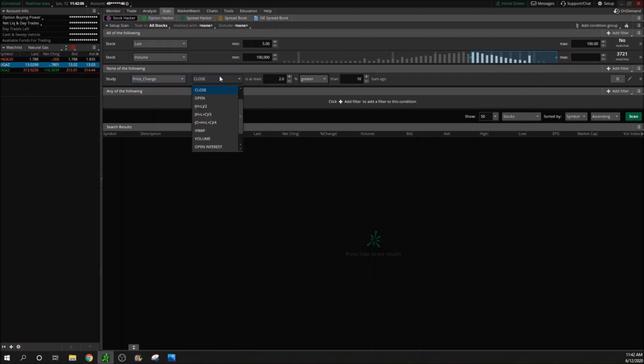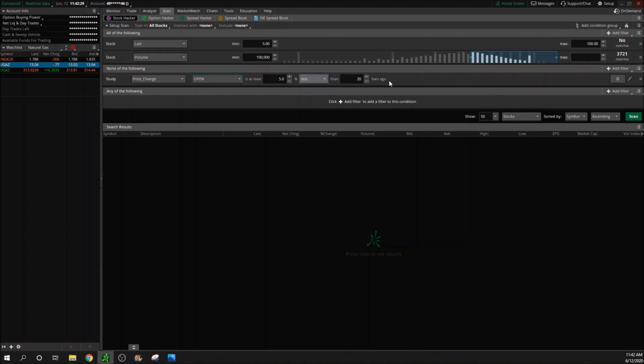The first thing we want to do is from open. This is telling us that these are changes that have happened since the market opened, and we want to bring this up to 5%. Less than 20 bars ago.